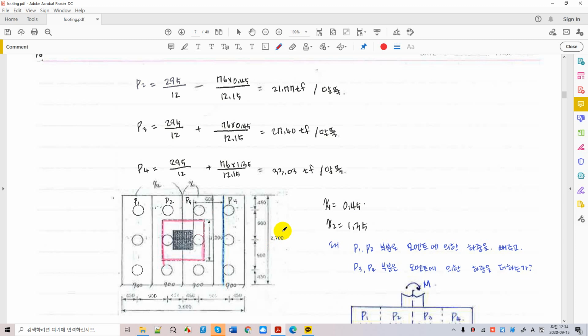This is 2.7 meters, and then we subtract the column dimension and divide by 2. And you're going to get this entire distance from the face of the column to the end of the pile cap. And we need to subtract 8 centimeters, 7 centimeters for the cover.